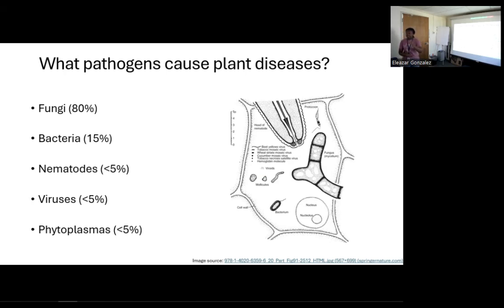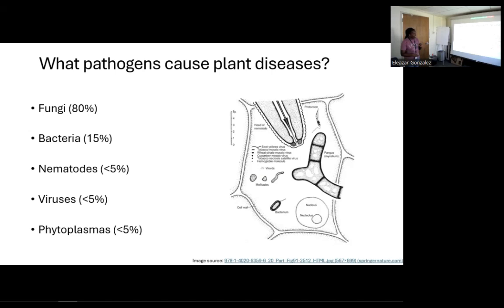Viruses are limited to vectors because they cannot move by themselves, so they rely on another host. Bacteria usually spread by splash and rain water. Nematodes are soil-borne, so anything that moves the soil will move the nematodes. But fungi could be moved by any of these means, and so they cause the majority of diseases.